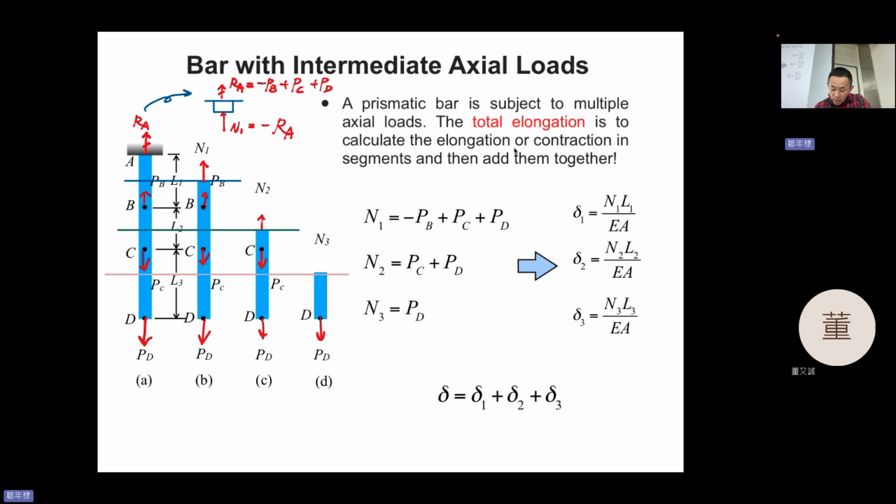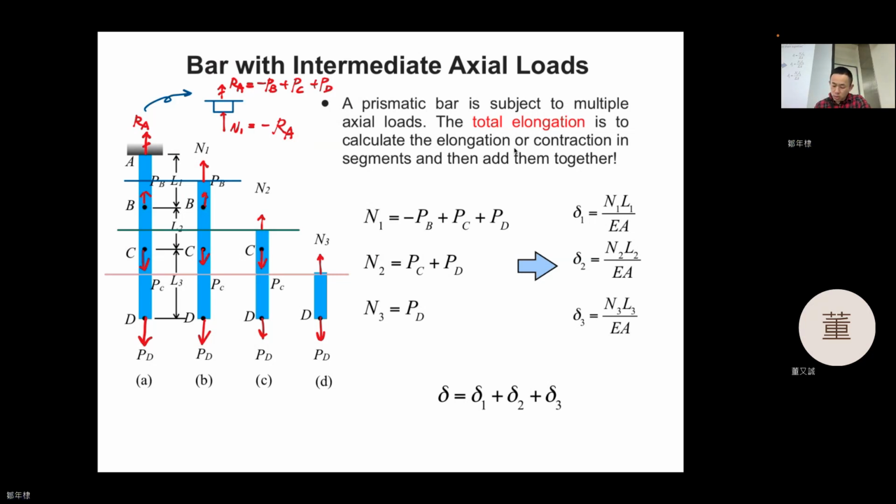Okay, and then N3. N3, we are going to see the third section. So we just cut it, and then we do. Okay, N3 and PD will be N3 minus PD equal to 0. So N3 equal to PD.